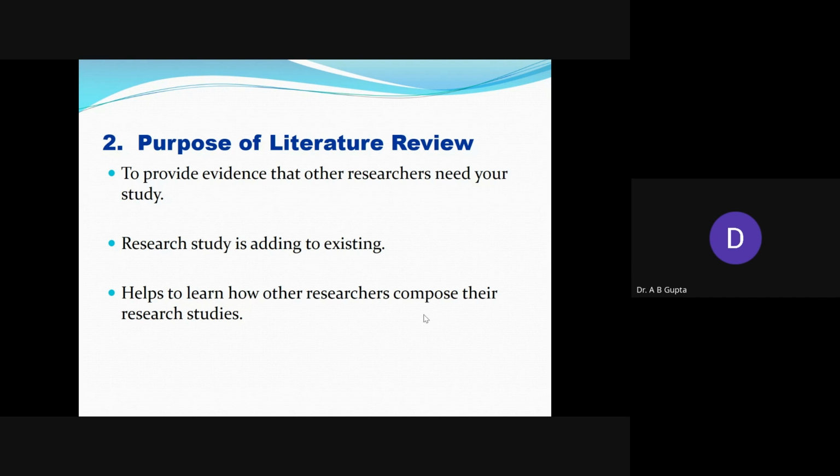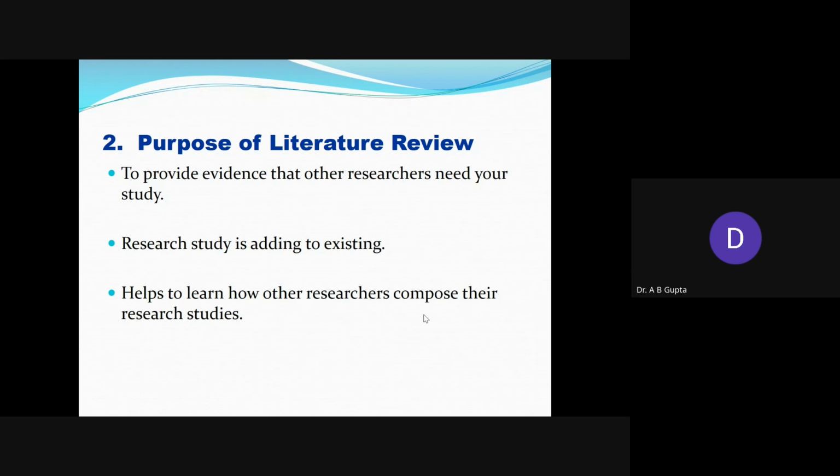This is the first time you are doing that study, and when you carry out this study and reach a certain finding, other researchers will be making use of those findings. So literature review is providing evidence that other people need your study.